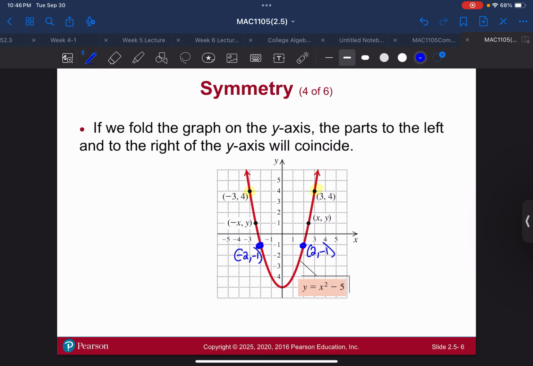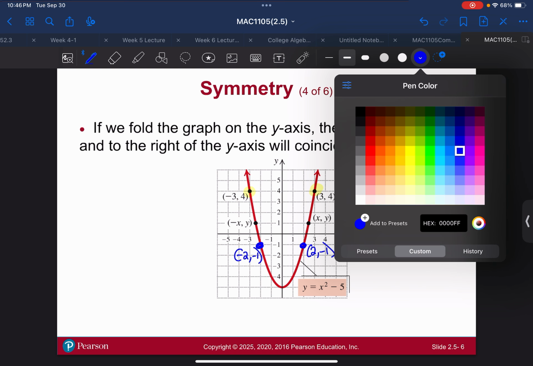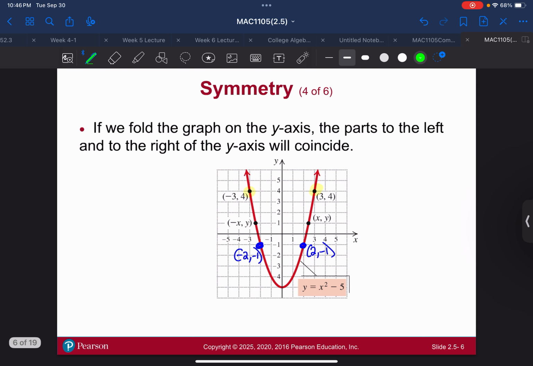And so this graph is symmetric with respect to the y-axis, because here's the y-axis, and if I fold that graph on the y-axis, then the parts on the left and the right will coincide, and that would be my line of symmetry here.